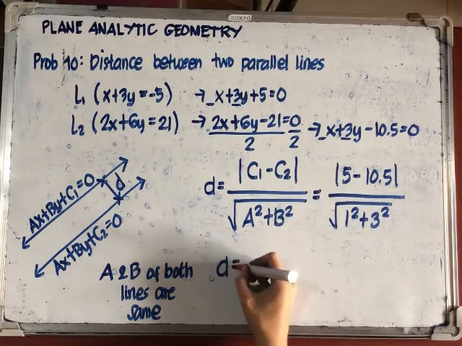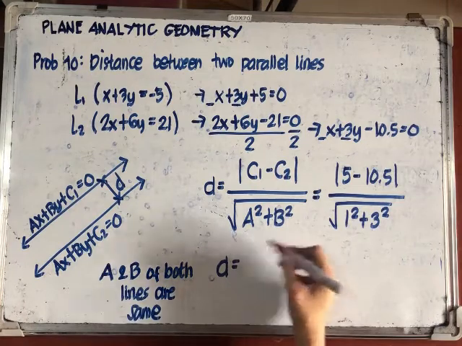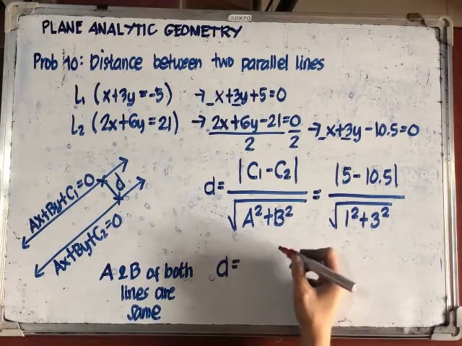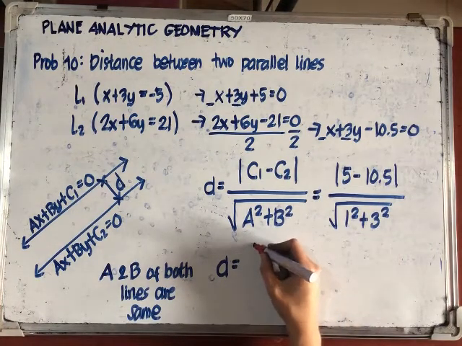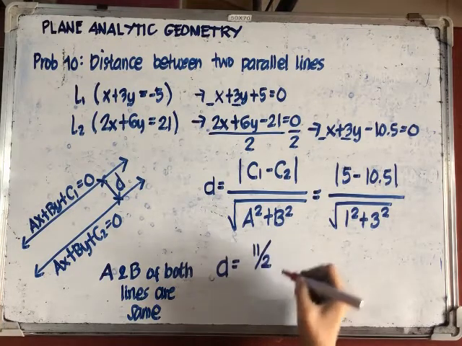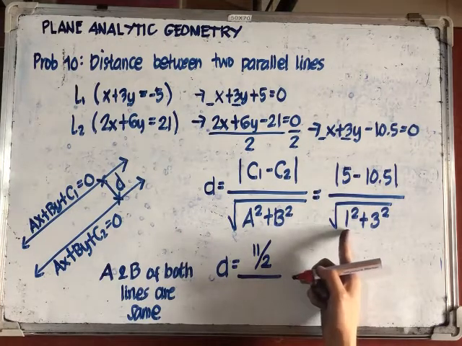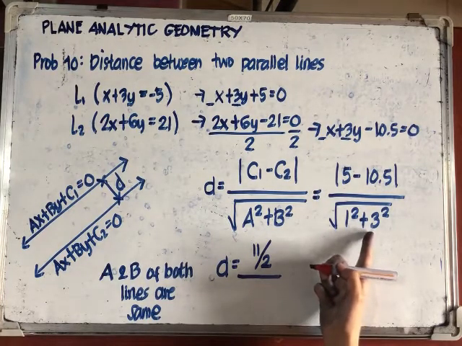So, our distance would then be equal to 5 minus 10.5, which is negative 5.5, pero naka-absolute value tayo, di ba? And 5.5 is 11 over 2. 11 over 2 divided by the square root of 1 squared is 1, 3 squared is 9.